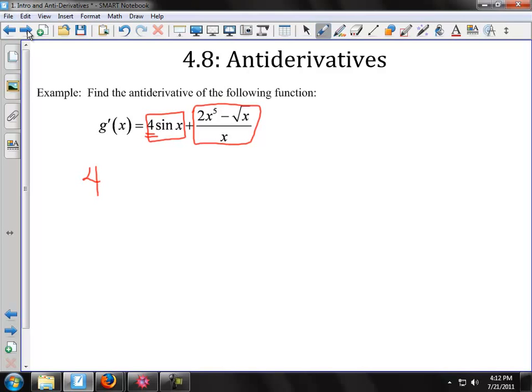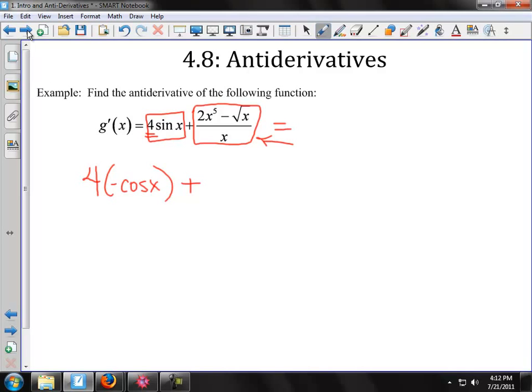The antiderivative of sine, we just said, was negative cosine. But then how do we deal with this fraction here? We didn't say anything about taking antiderivatives of fractions. And as a rule, it's really hard to take an antiderivative of a fraction or of things being multiplied. So we need to find a way to simplify this before we take the antiderivative.